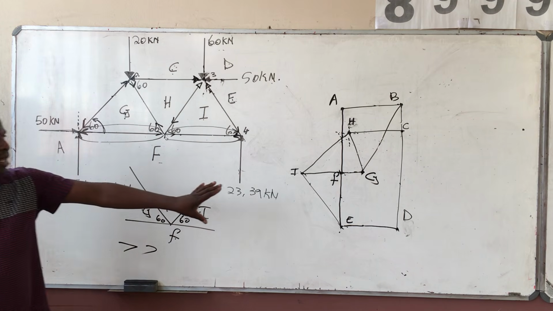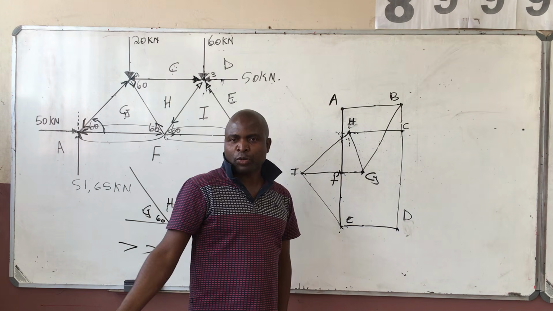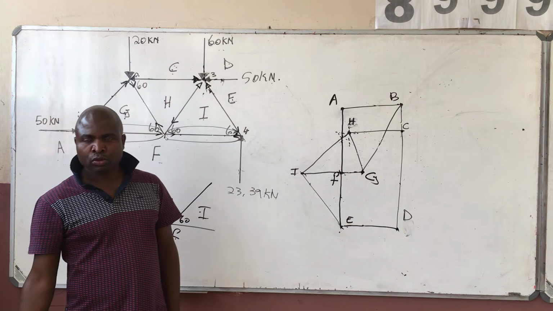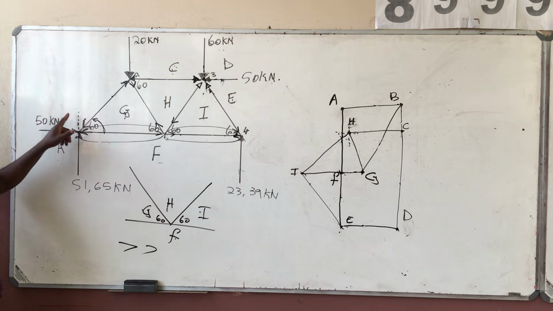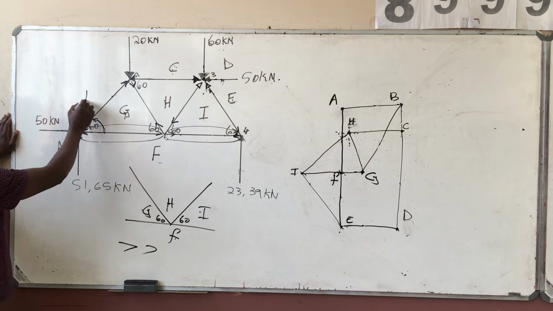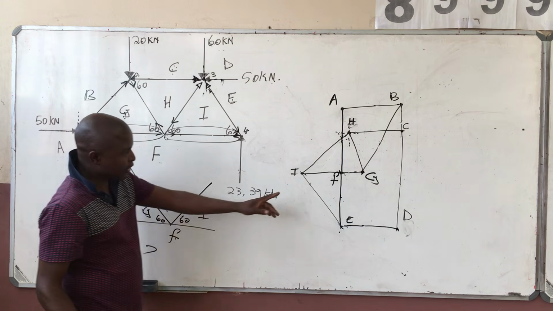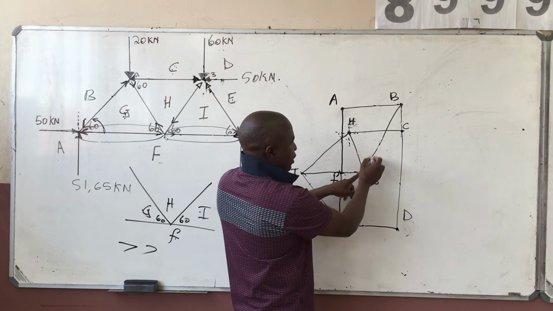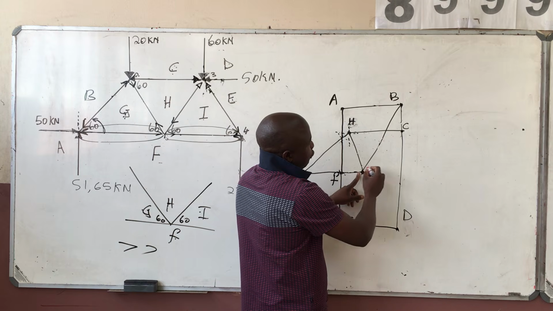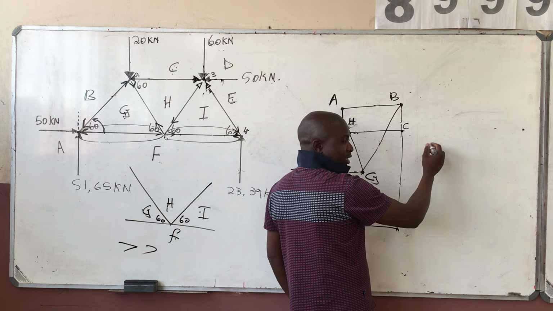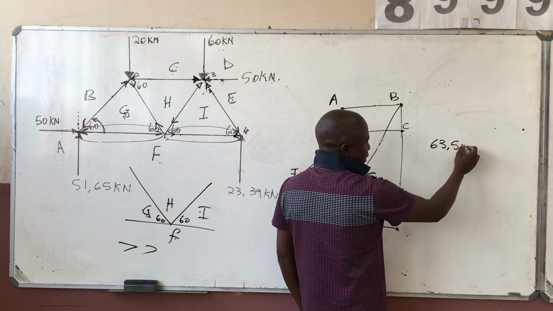So now, having finished drawing your space diagram, they will tell you which member they want you to calculate to get the magnitude. If they want BG, you come here and look for BG. You take a measurement from there to there. Let's take an example, you get 63.5 millimeters.